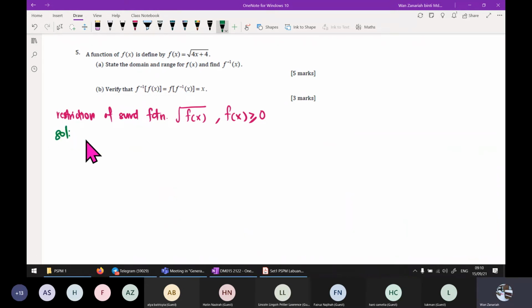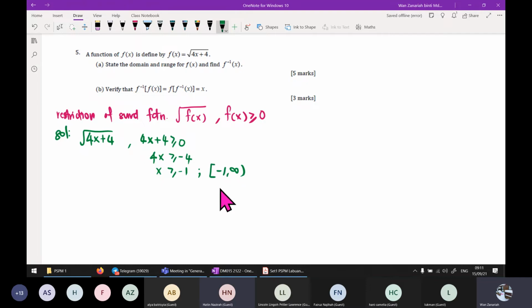Kalau negatif tak boleh. Okay, so once you get this function square root 4x plus 4, apa yang you buat adalah 4x plus 4 must be greater and equal 0. 4x greater than or equal negative 4. So x must be greater than or equal negative 1. So kalau you tafsirkan benda ni, it's actually negative 1 until infinity, where negative 1 is included.